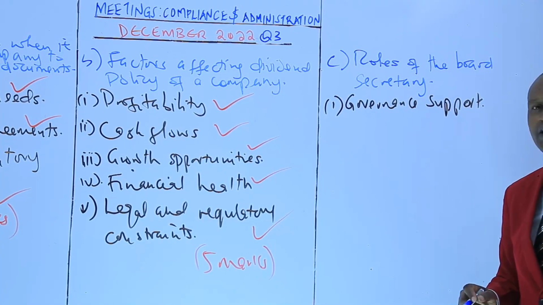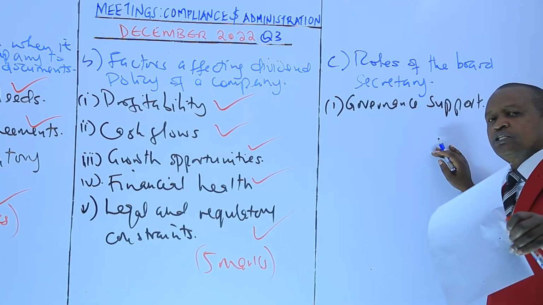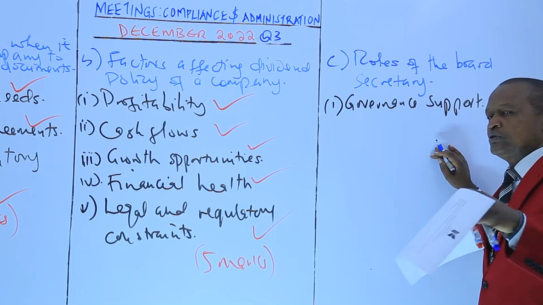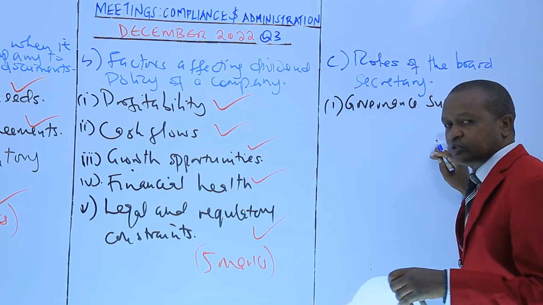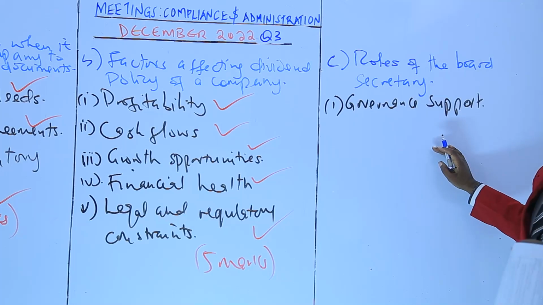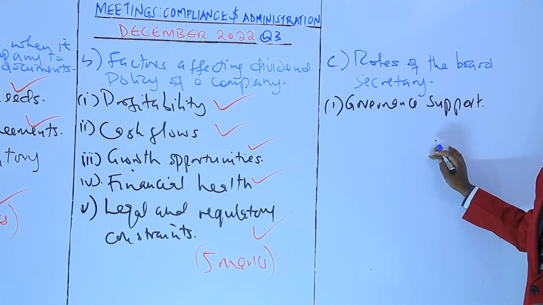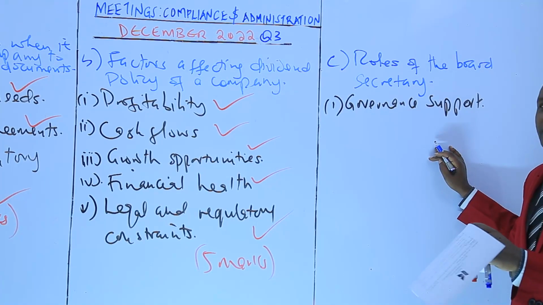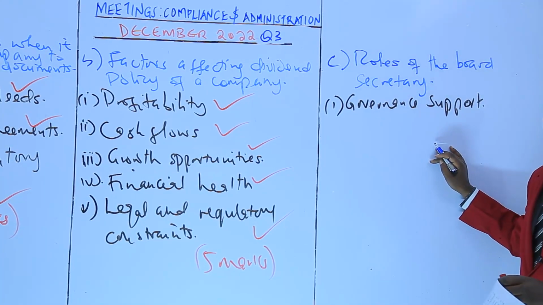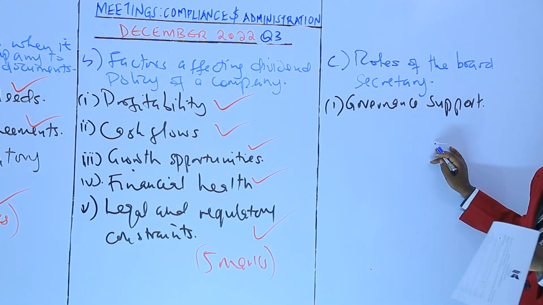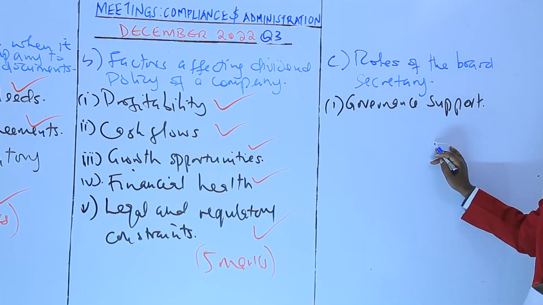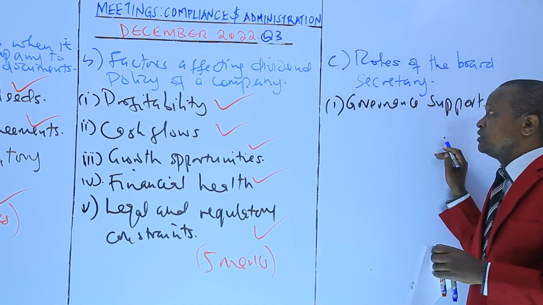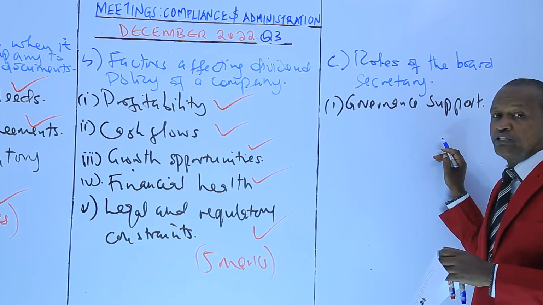The board secretary provides support to the board in matters related to corporate governance. You understand? They ensure compliance with legal and regulatory requirements. They maintain corporate records and facilitate board meetings and decision-making processes. That is one role played by the board secretary.